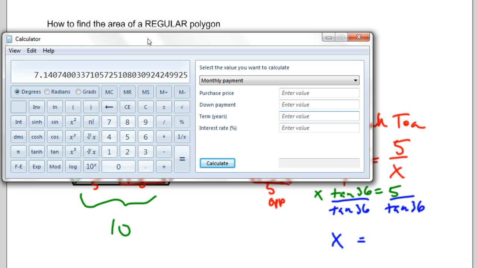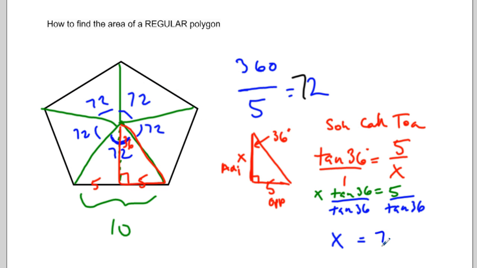I'm going to pause this. Alright, so once I punch that in, you should have 7.14, and you get a whole bunch of other decimals. So let's use just a few of them. 7.1407. Since we're still in the middle of the problem, we're going to use several decimal places. 7.1407. Okay, so that is the height of this triangle.